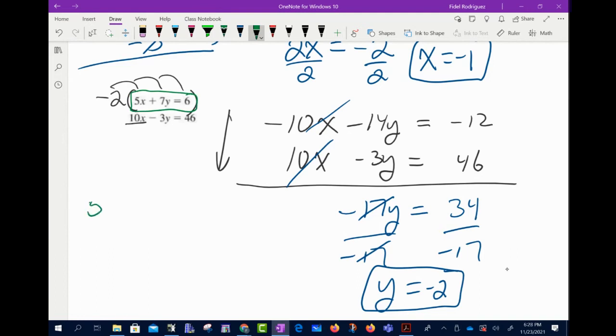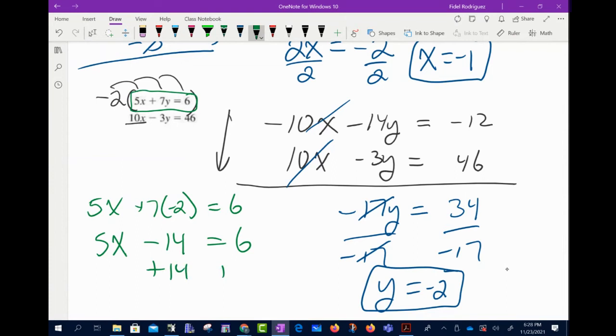Okay. So look, I'm going to go 5x plus 7 times negative 2 is equal to 6. So 5x, 7 times negative 2 is a minus 14 equals 6. So let me add 14 to both sides.